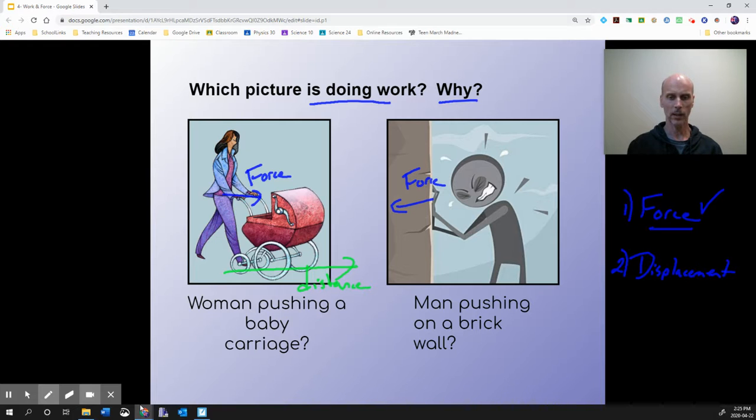On the other hand, there is no distance when this man pushes on a brick wall. So in terms of displacement, we have it in the first picture, we don't have it in the second. That means that the woman pushing the baby carriage is an example of the physics definition of work. The man pushing on a brick wall is not.